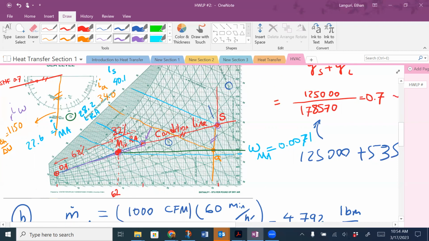So this way I fix my point A, and I get the information from point A to calculate the capacity of the furnace, and in the last part, the mass flow rate of the water needed.